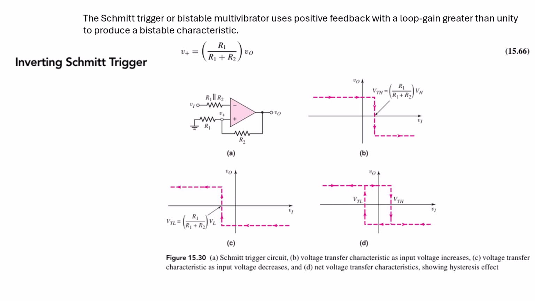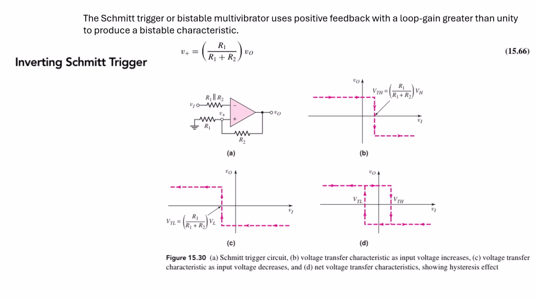Now the Schmitt trigger. The Schmitt trigger or the bistable multivibrator uses positive feedback with the loop gain greater than unity to produce the bistable characteristic. In figure number 1, this is the Schmitt trigger circuit, and the second one is the voltage transfer characteristic as the input voltage increases.